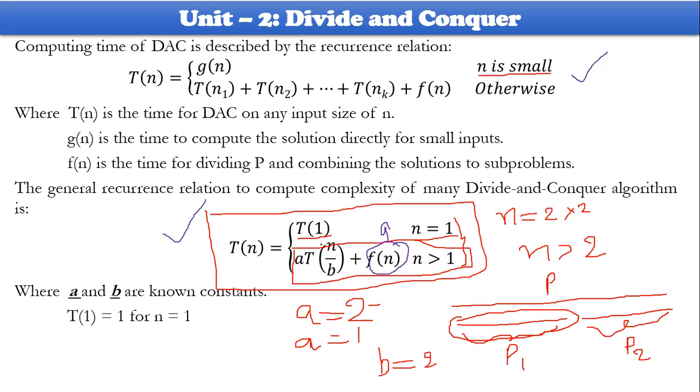However, here T of 1 is equal to only one operation, because while sorting, an element will be given, some x will be given to you. X is already in sorted mode. If you have x comma y, two elements, then you have to apply a comparison and identify whether x will be first and y next, or y will be first and x next.